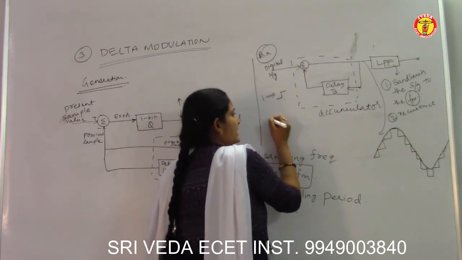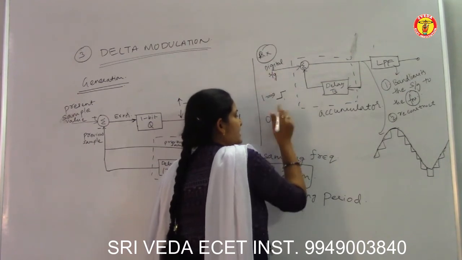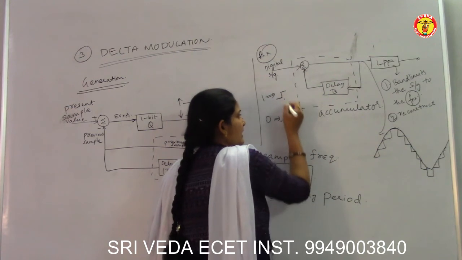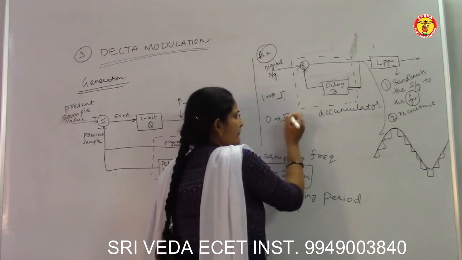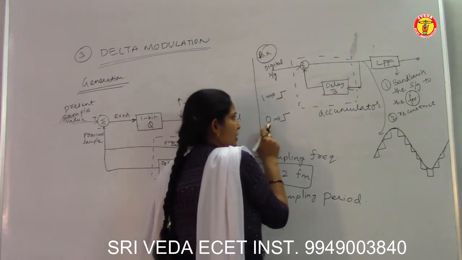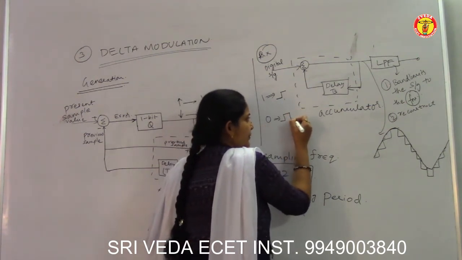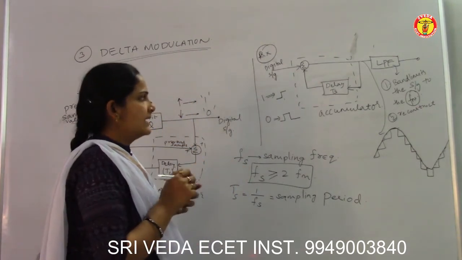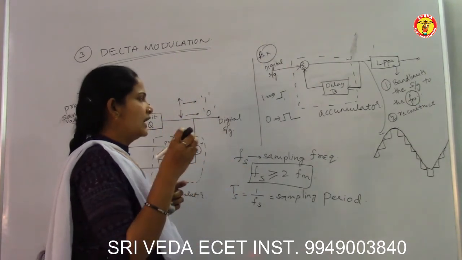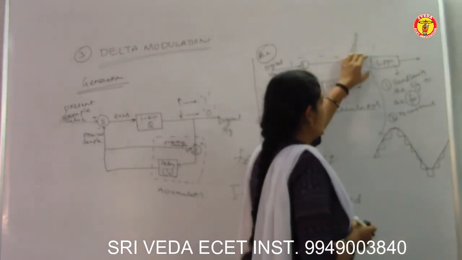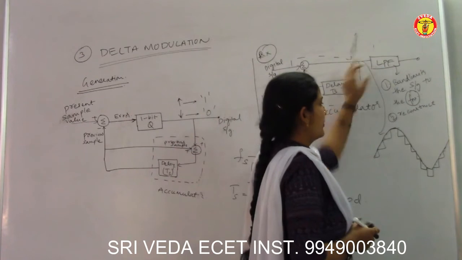If the digital signal is 0, I reduce my amplitude by one step. Like this a staircase signal is generated and given as input to the low pass filter.